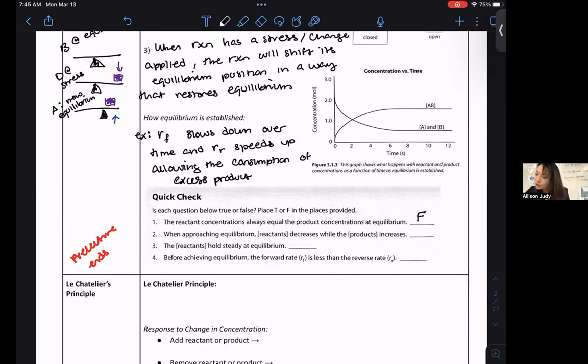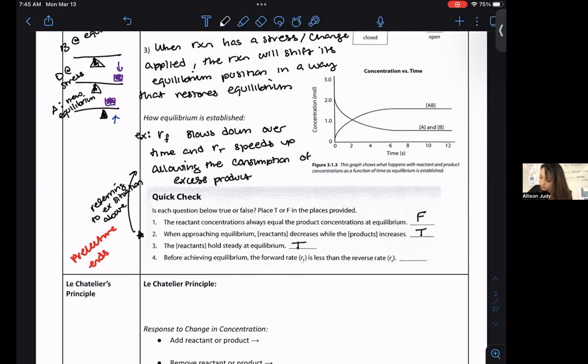When approaching equilibrium, reactants decrease while the product increases. That is true with regards to the example above. I should put that note that this is referring to the example situation above. And the concentration of the reactants holds steady at equilibrium.